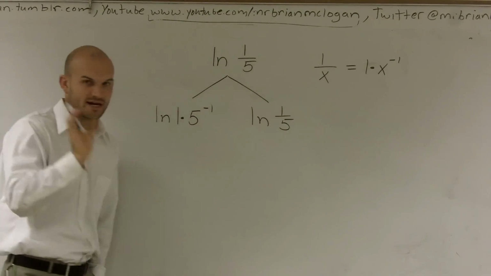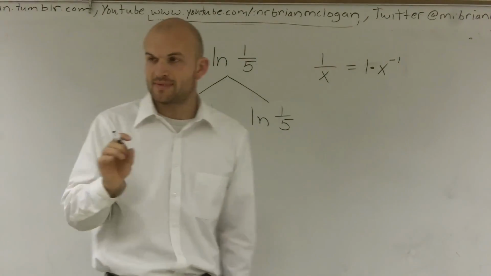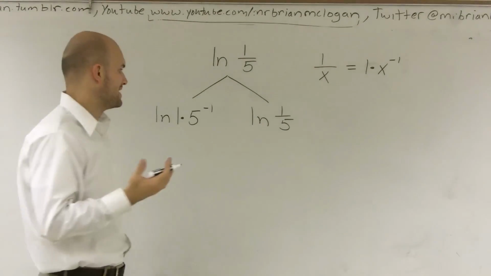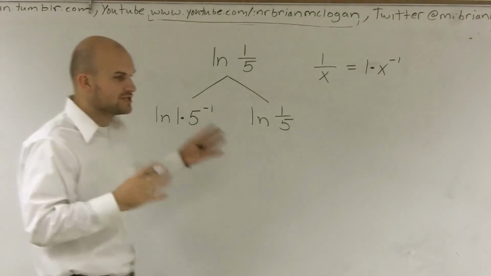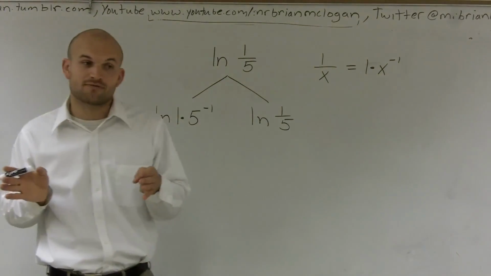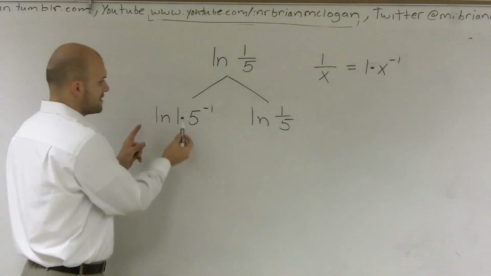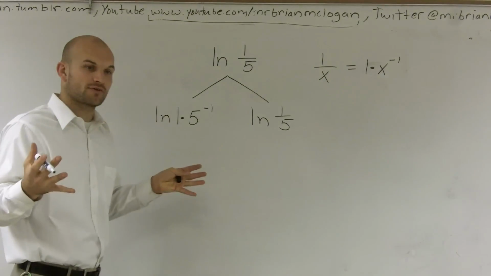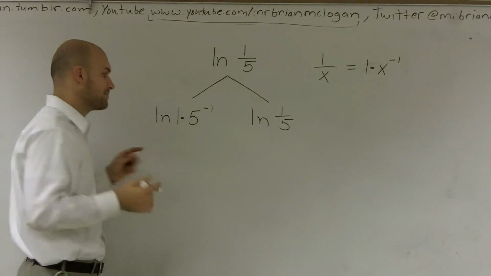Now remember, ln has a base e, right? So that's going to be my base. Using our two properties for logarithms, whenever I have a multiplication, I can expand a logarithm by use of addition into two separate logarithms.